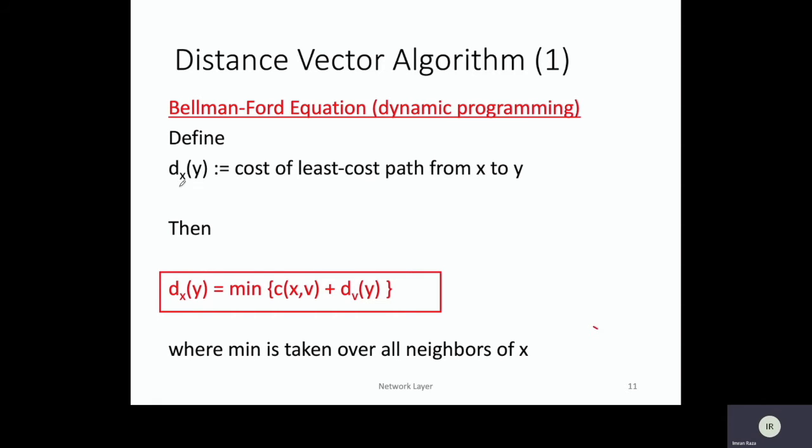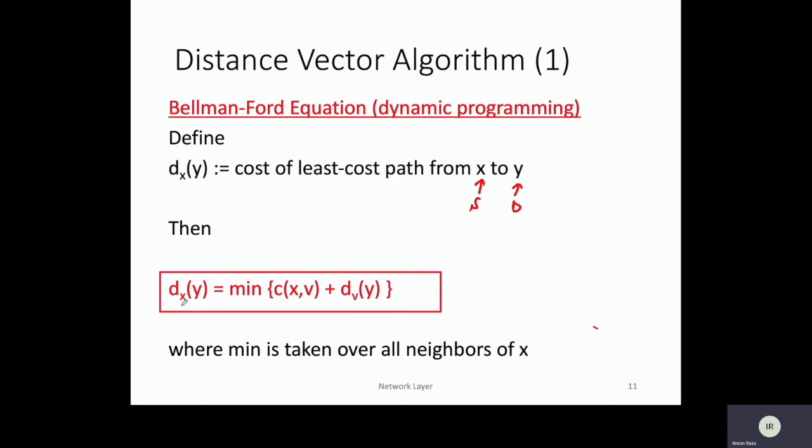This notation d sub xy is the least cost path from a source x to destination y. Here x is the source and y is the destination. And how can we compute the least cost path from x to y?